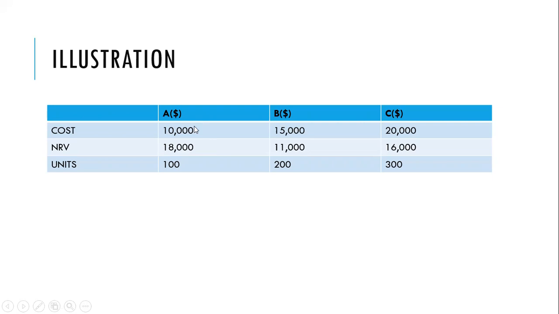When we are valuing product B, we have to pick 11,000 because the NRV this time around is lower than the cost. When we are valuing product C, we have to pick 16,000, because the NRV is lower than the cost.